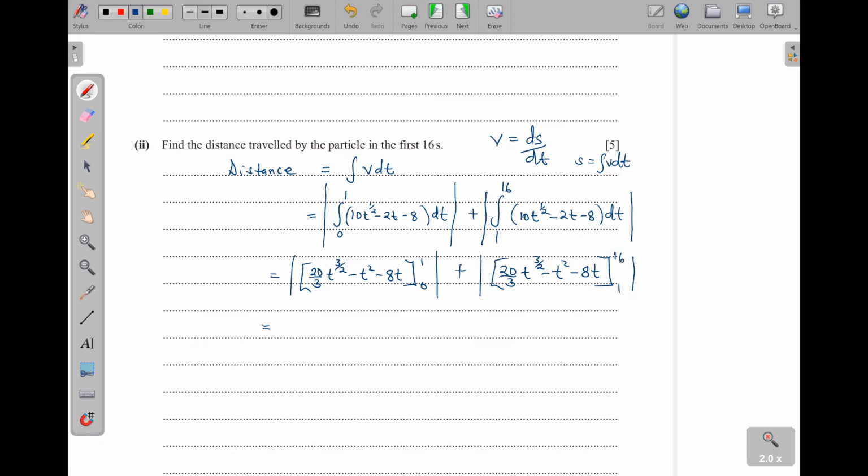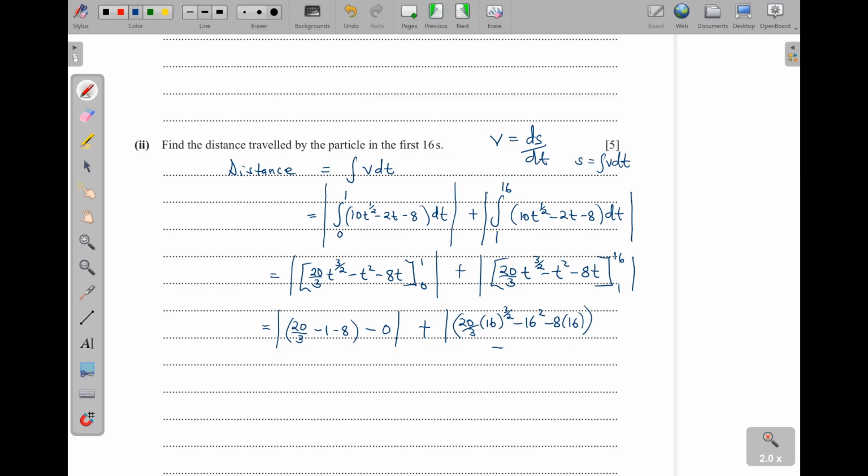Then we can put 1, of course this will be 20 over 3 minus 1 minus 8, then minus, because when you put 0 it will be 0, then plus, put 16, so we shall have 20 over 3, then 16 here, power 3 over 2, minus 16 here, squared, then minus 8 times the 16, okay?